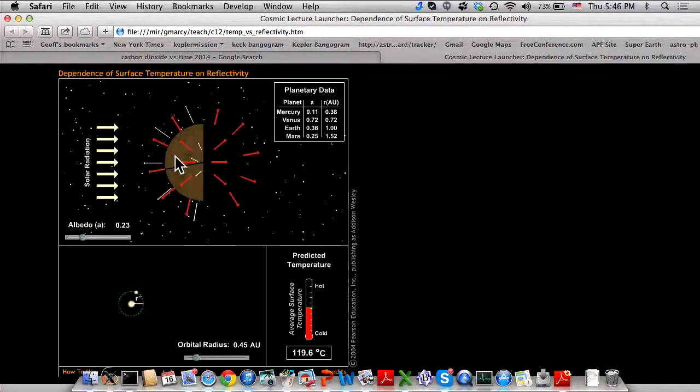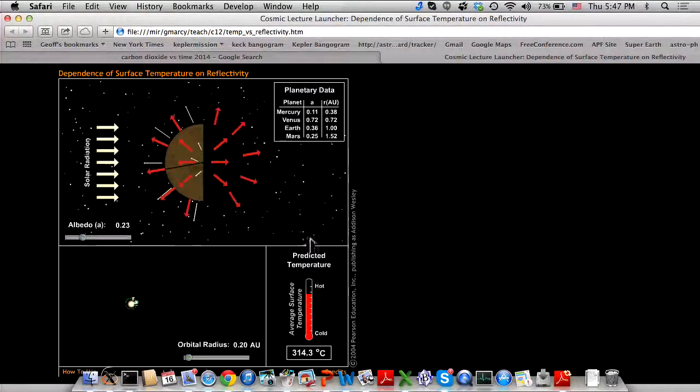The Earth's surface gets warm, it emits, guess what? Infrared light, as you all know. So if you watch these red arrows, when I move the Earth away from the sun, the red arrows shrink. When I move the Earth toward the sun, not only does the incoming sunlight increase, but the Earth compensates by cooling itself off, achieving some equilibrium temperature.